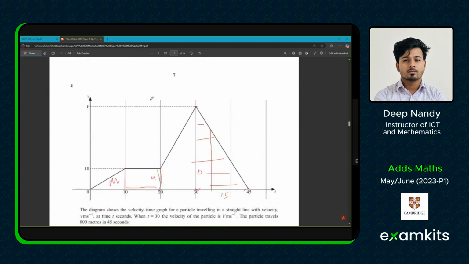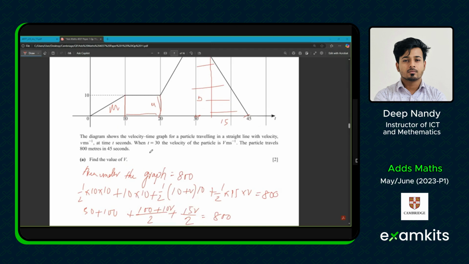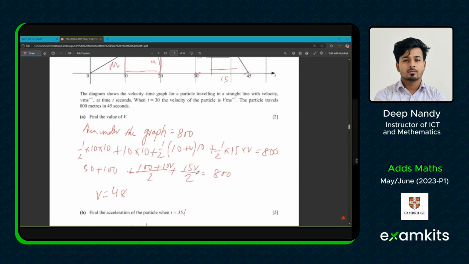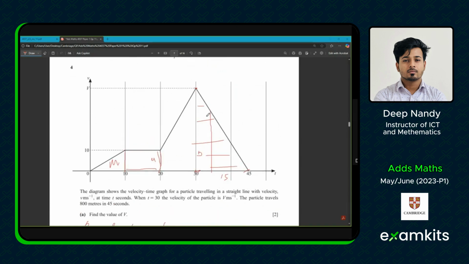We know the top velocity is 48, and the time from 30 to 45 is 15. So 48 divided by 15.